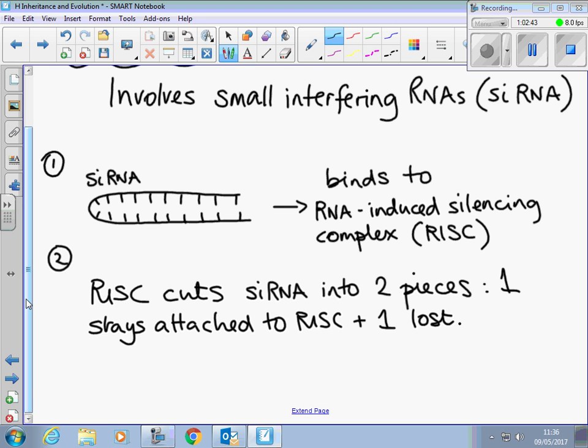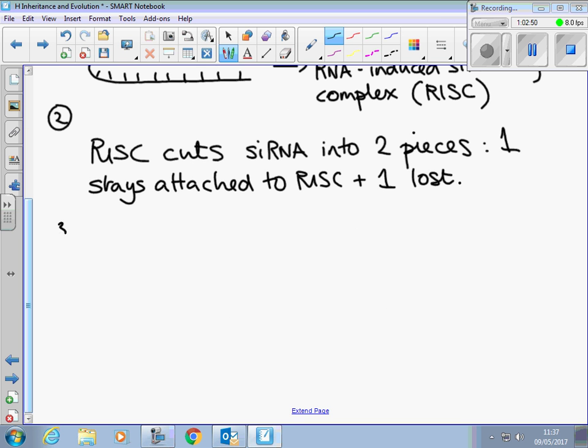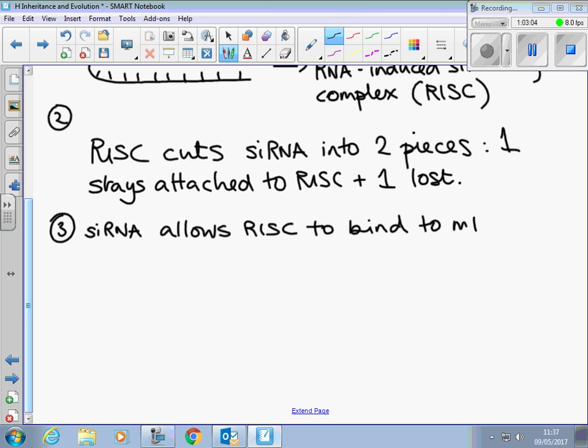It interferes, it silences the RNA by cutting it up. So the small interfering RNA allows the RISC to bind to messenger RNA at a particular sequence.